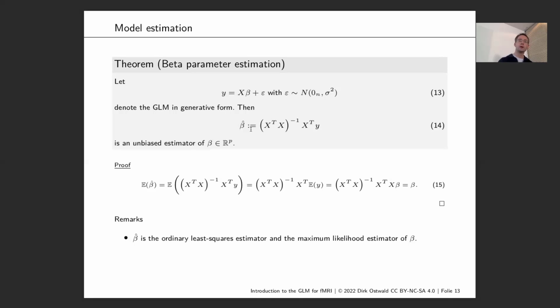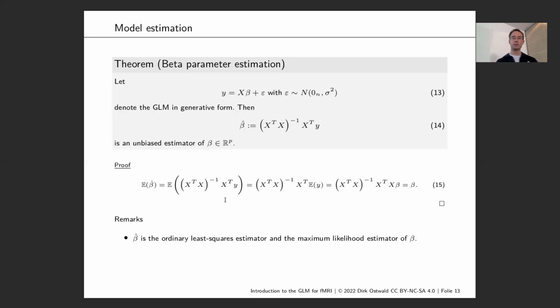It's of course also Gaussian distributed because this is just a linear transformation. Hence, this is a random vector and we can think about its expected value. So we know its distribution, but we can also think about its expected value.